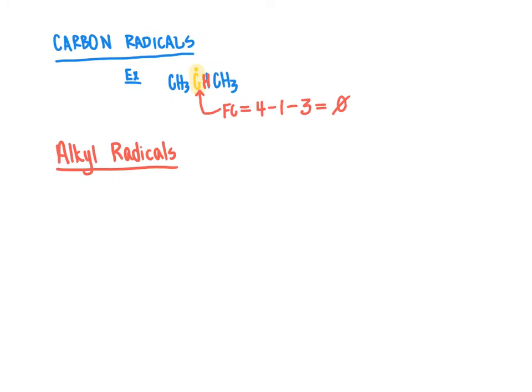Remember that alkyl is describing a group that has just carbon-carbon single bonds in it, and of course the hydrogens required there as well. So much like an alkyl branch coming off of a chain when we were talking about nomenclature, alkyl radicals are going to be molecules that have a free radical carbon and just carbon-carbon single bonds present.